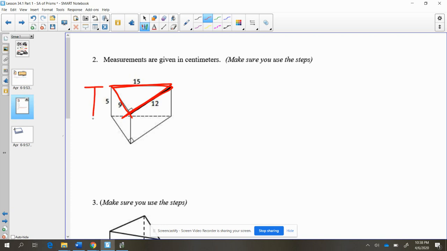Notice the height between those two triangles is this 5 here. That's representing the distance between our two bases, which are these two right triangles that are identical to each other. When we talk about the lateral area, again, it wants the perimeter of the base and then the height.